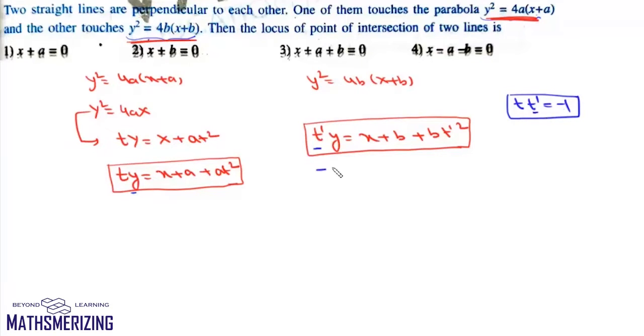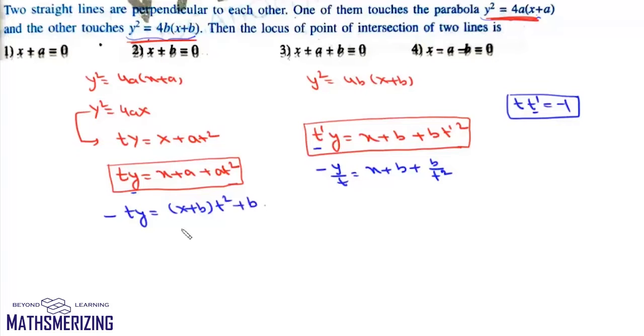So I'll get minus y upon t equals x plus b upon t square plus b. So we can write this as minus ty equals (x plus b) into t square, and then plus b.